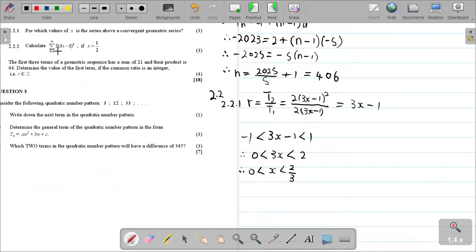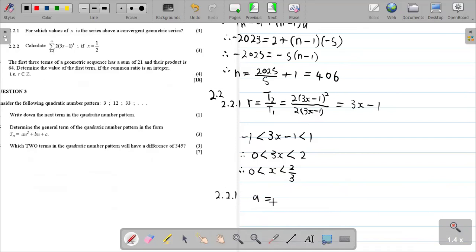So because we know that the ratio equals that, to find the sum to infinity we have to find a, isn't it?